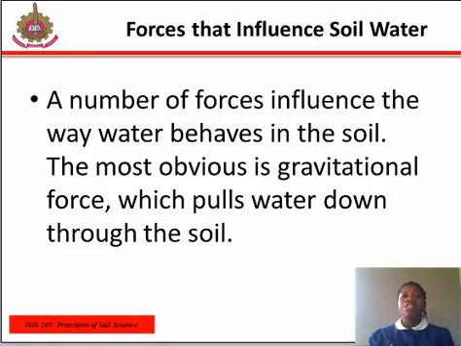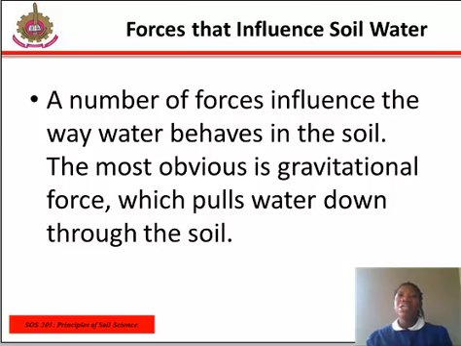Working against gravity to hold water in the soil is adhesion, which is the attraction of soil water to soil particles, while cohesion is the attraction of water molecules to other water molecules.